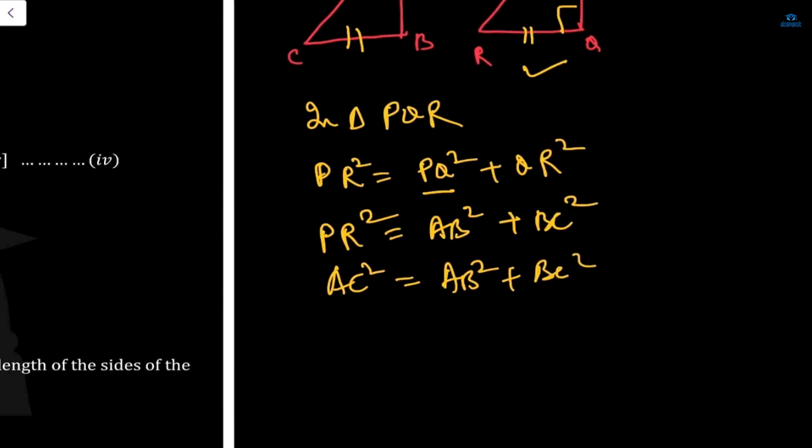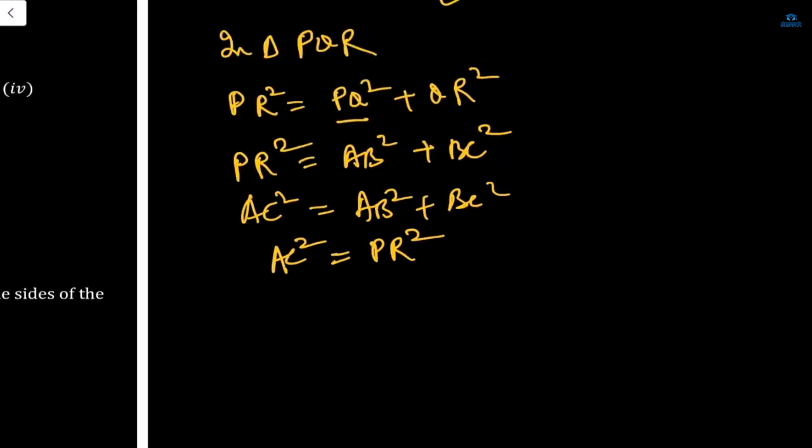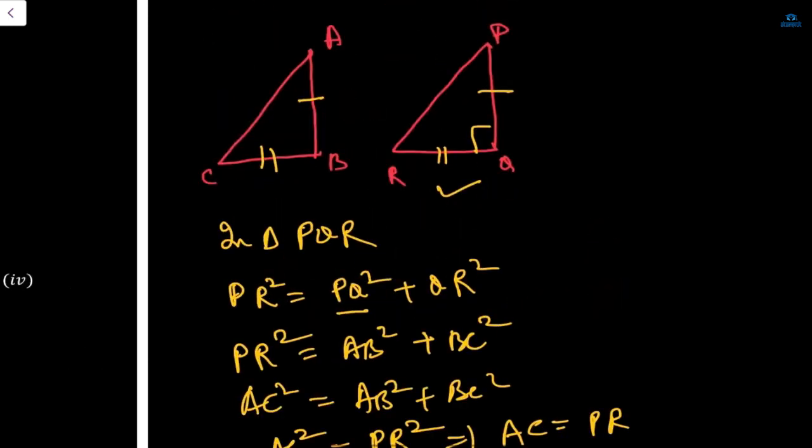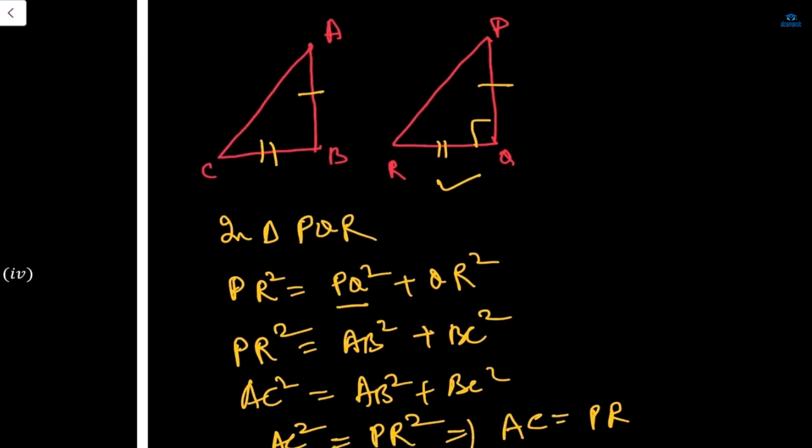So you can see that AC square is equal to PR square. Taking the root on both sides, AC is equal to PR. We already know PQ is equal to AB and QR is equal to BC, and we have proved that PR is equal to AC.